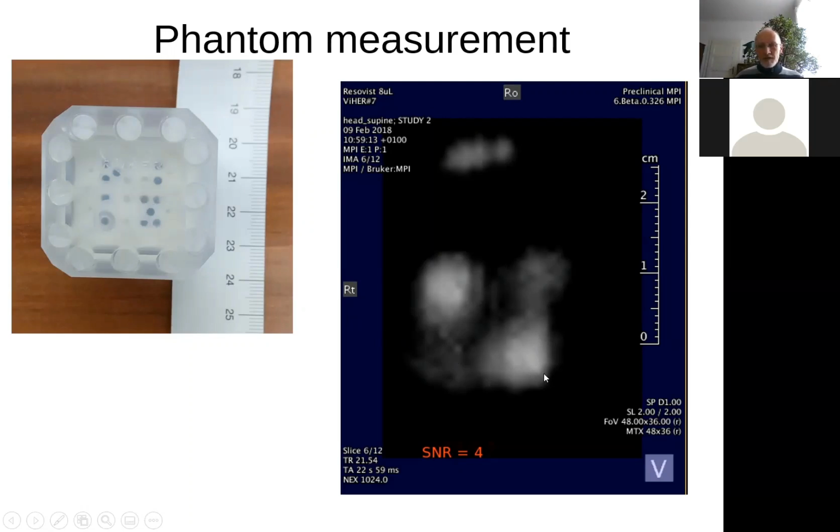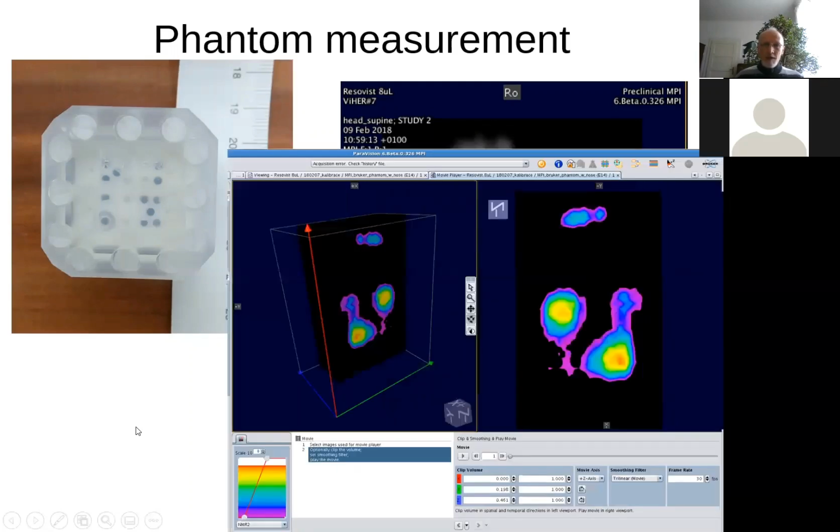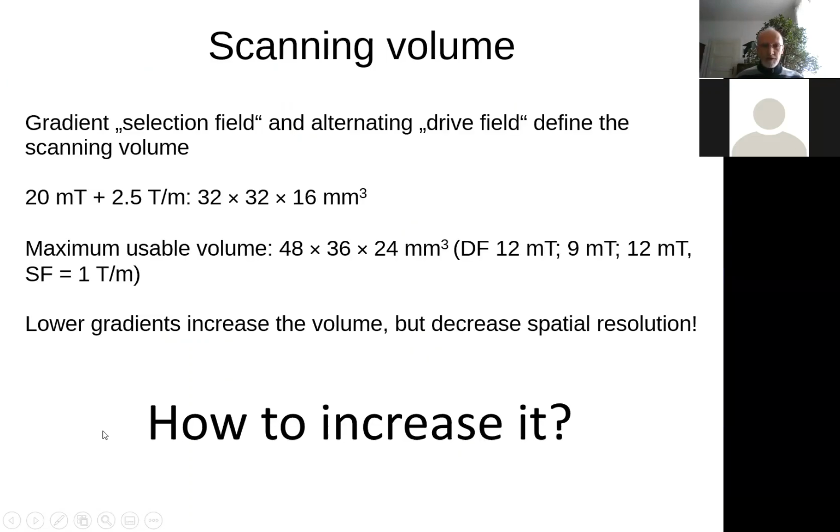But again, it depends on the calibration data and on the setting of the instrument. As I mentioned before, it enables 3D reconstruction. We obtain the data from 3 dimensions. The same phantom, you can then look at the sample from different directions and rotate it as you want.